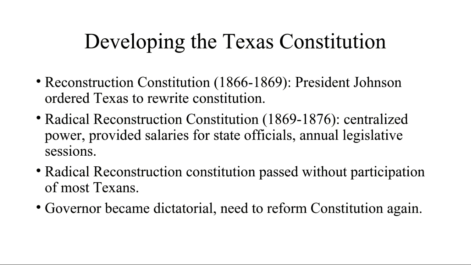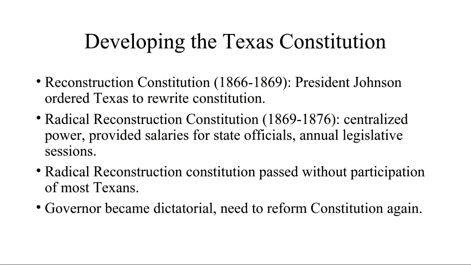So the Reconstruction era was at the end of the Civil War, when the North essentially dominated the South. So basically what happened was African Americans were allowed to vote, but white Texans largely were not, because if you had participated in the Civil War, you couldn't vote on this Constitution.